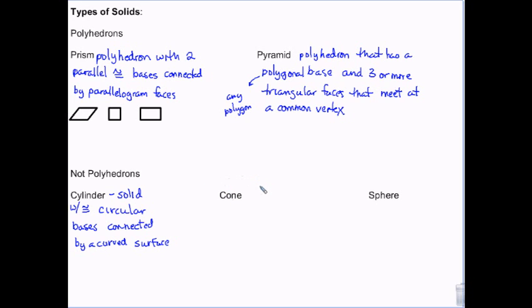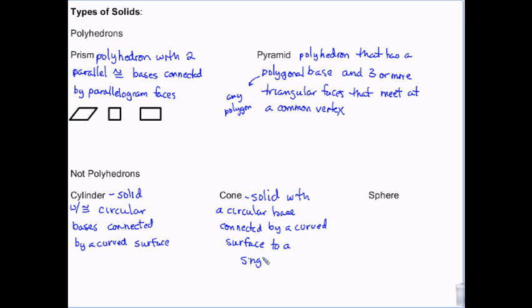You have a cone, which is another solid. And a cone is basically a rounded pyramid.